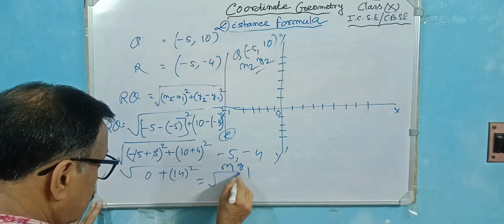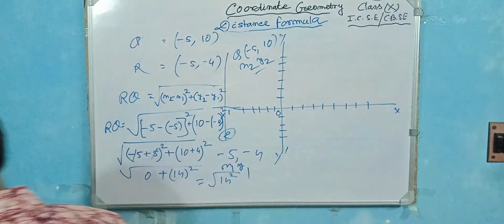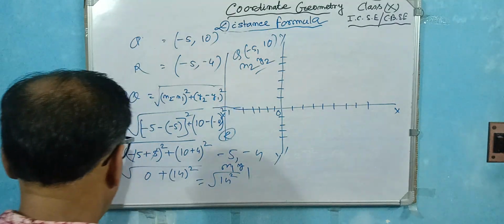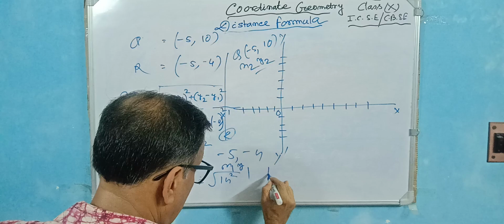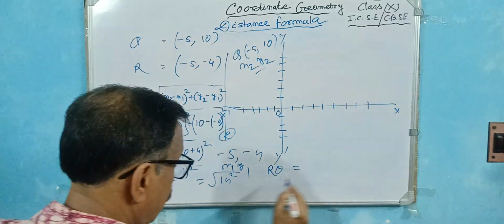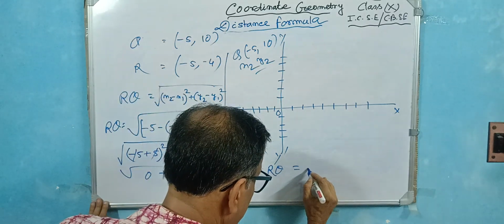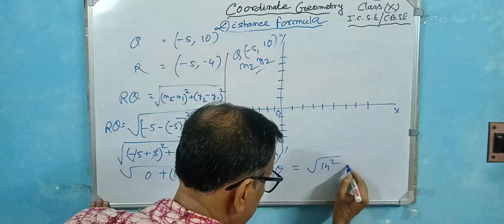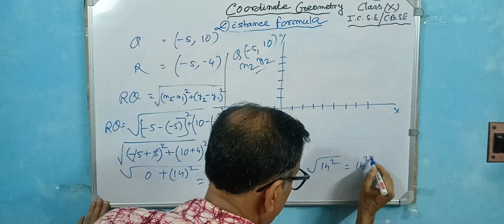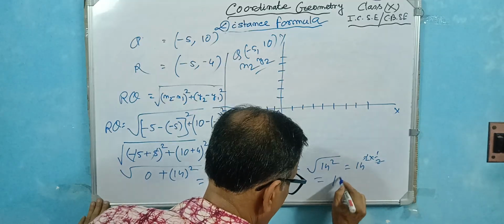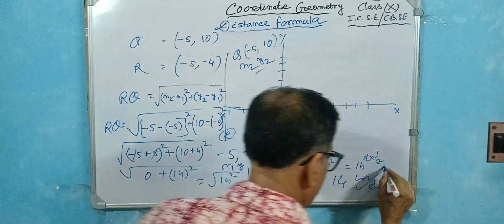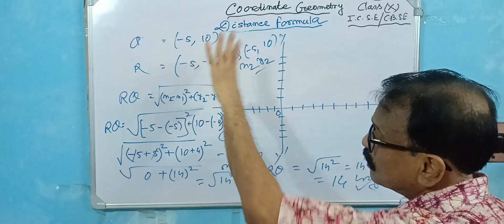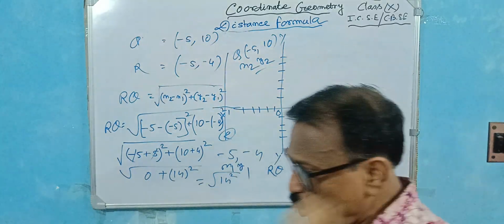So ultimately what is the value? 14 squared. Okay, now this is the root of 14 squared, that means the square and root cancel, so this is 14. What is the value of 14? That is the units. Okay, so this is 14 units. So in this way you solve it.